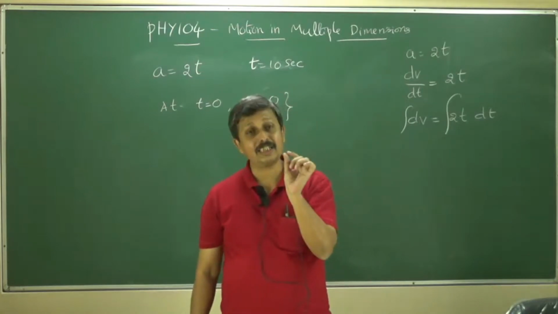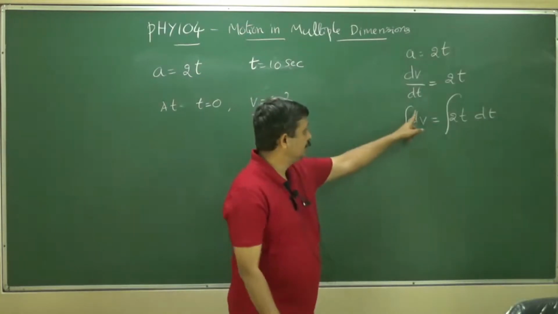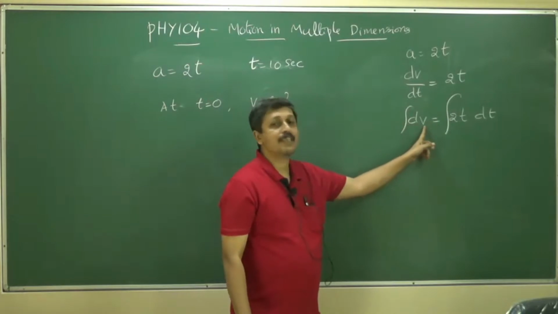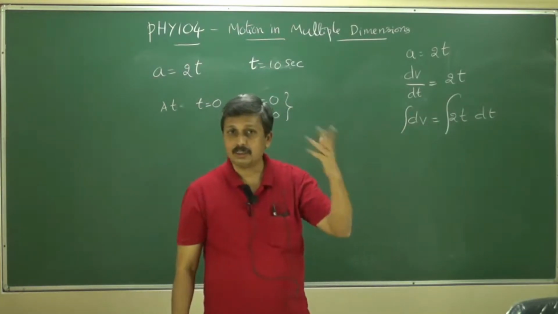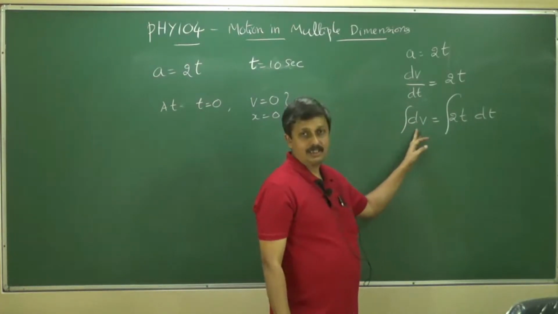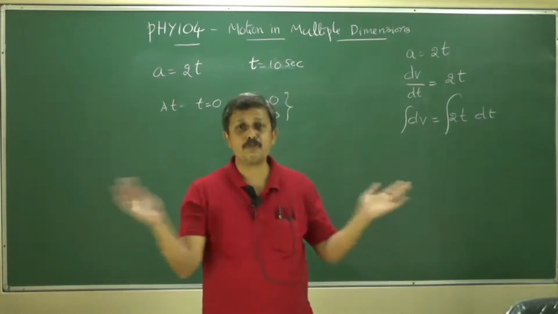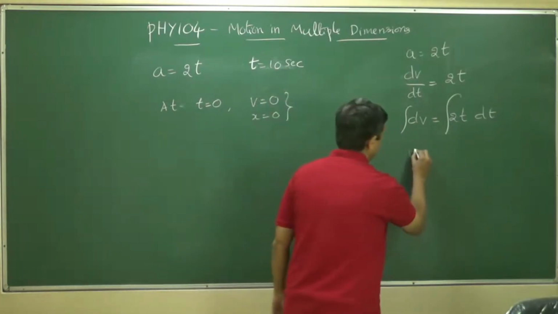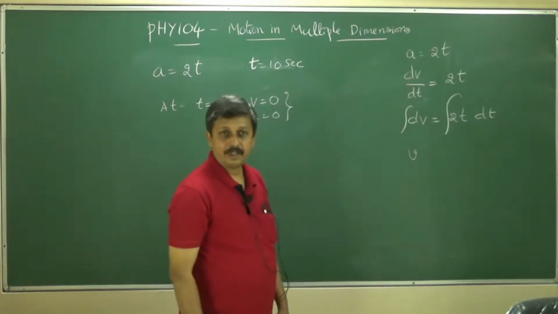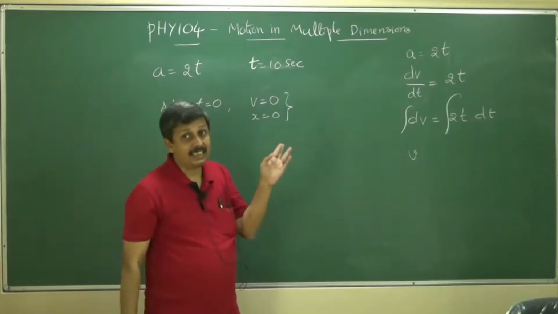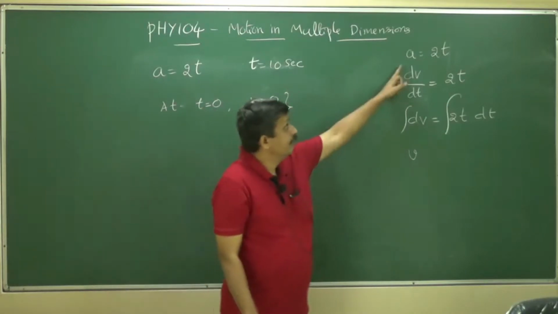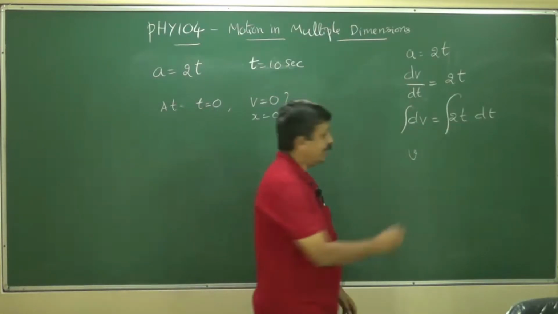You remember I talked about the whole of the little bits of dv is basically v itself. You take v and cut it into small pieces and put all of them together. That is nothing but v. So by doing so, suddenly we are going to get v from a. That is the idea.